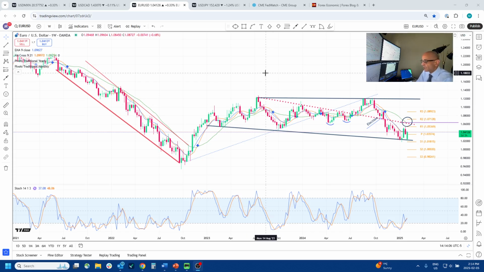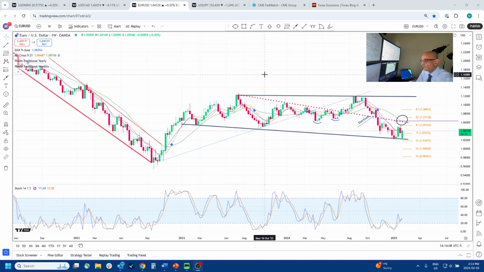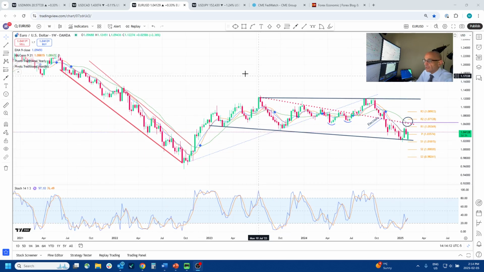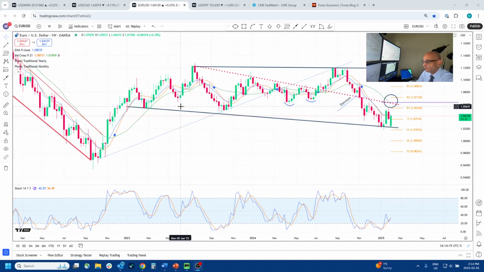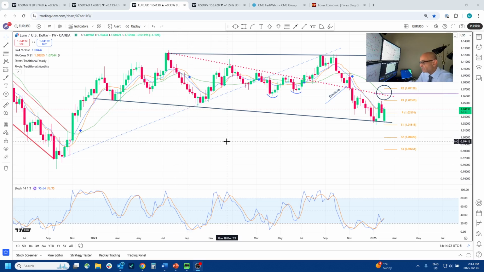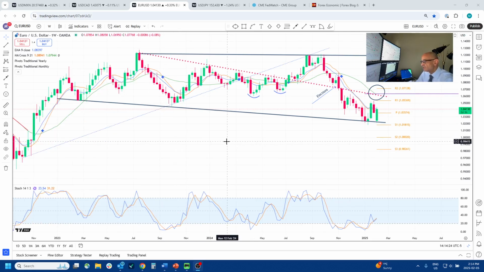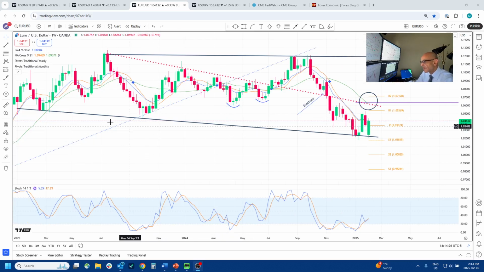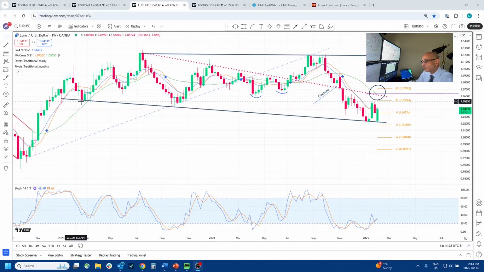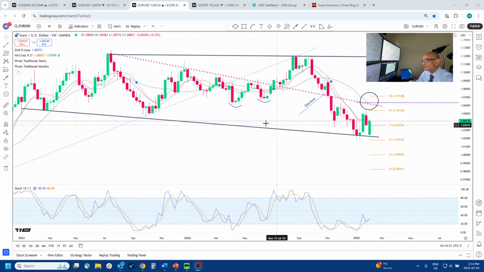First, we look at the overall context of price action through the weekly time frame on Euro-Dollar. As we can see, we have a descending channel where price has been trading since early 2021. When we zoom in on the chart to see the most recent price action, we can see that following the decline, we've been trading in a sideways range where price found support at this level multiple times in the past.